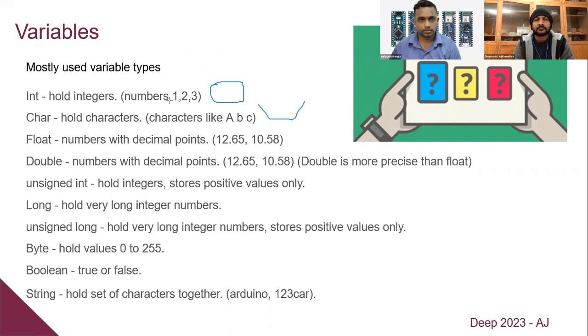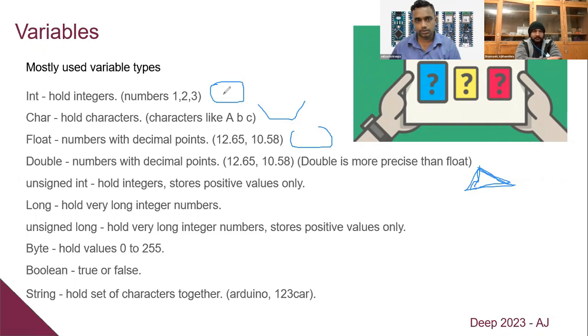Now we have the idea that each and every variable is different from each other, right? They contain different shapes. Float is something like this. Let's say these are just examples. They don't actually have shapes like this. I'm just trying to explain this.